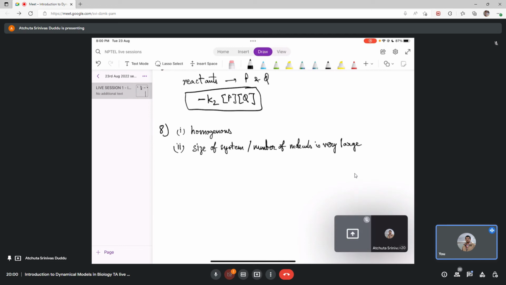The ODE system which we have written would not be valid for the system anymore. The ODE equations which you have written for the system would fail.